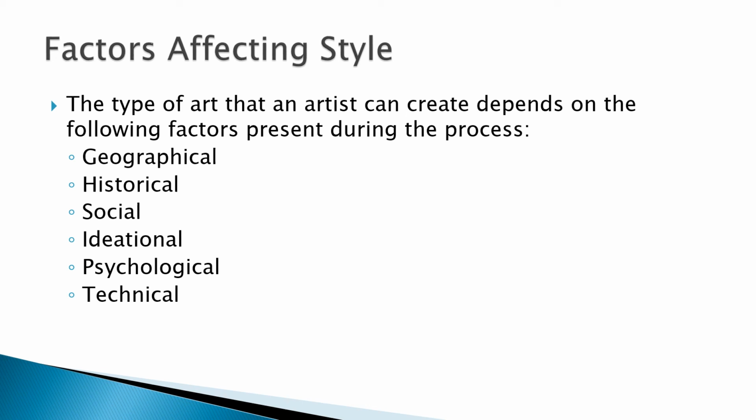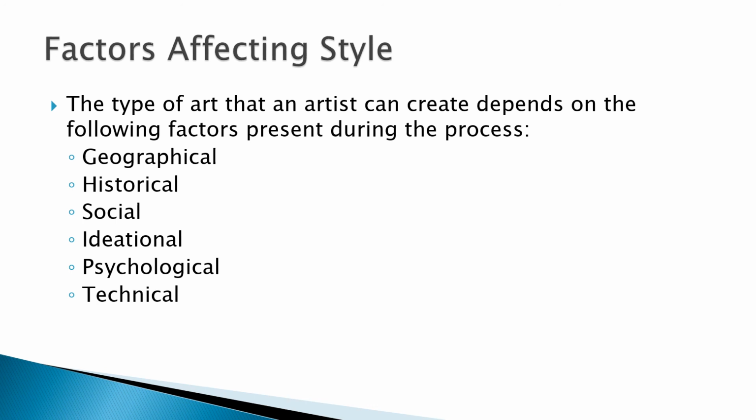Historical factors include the time and place where the artist was born and the experiences that he or she experienced in his life. What time in history he is creating the artwork also affects an artist's style.